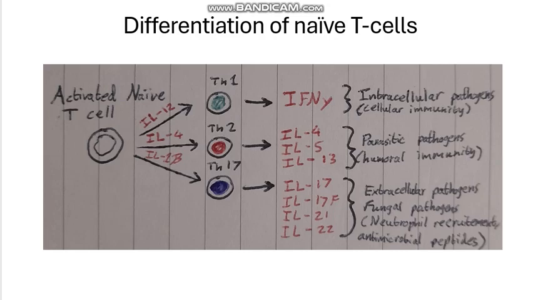Meanwhile, Th2 and Th17 both target extracellular pathogens that proliferate outside of cells, so like larger bacteria or parasites like helminths. But because they produce different cytokines, they target different kinds of extracellular pathogens. Th2 mainly targets parasites, meanwhile Th17 is mainly targeting bacteria and fungi. So yeah, we're going to go deeper into these different kinds of helper T cells in the next one.